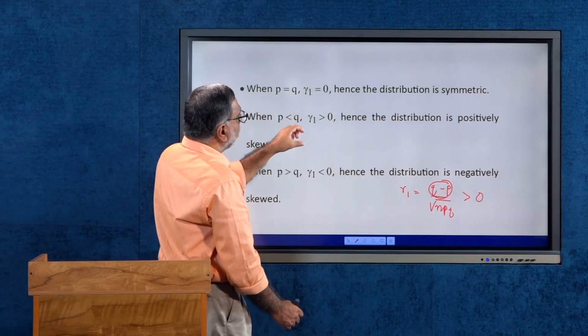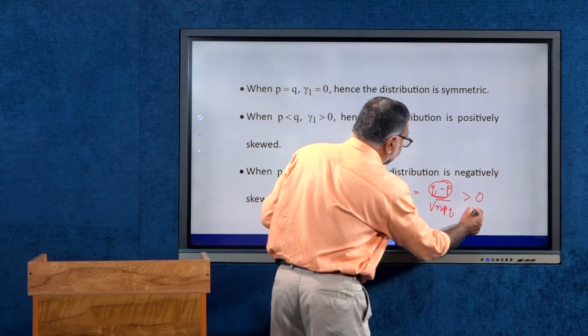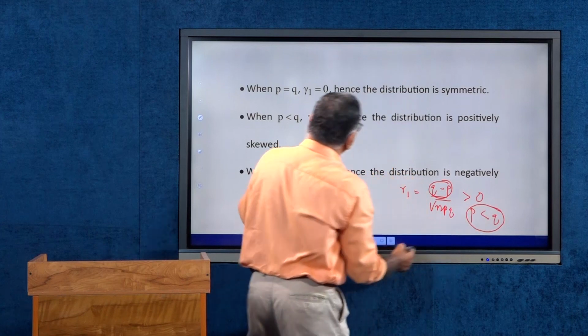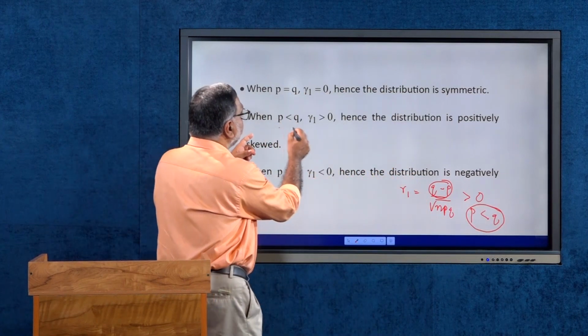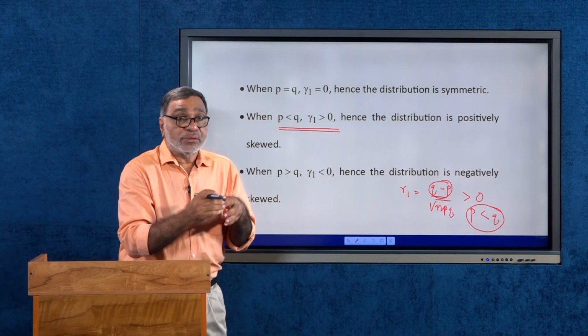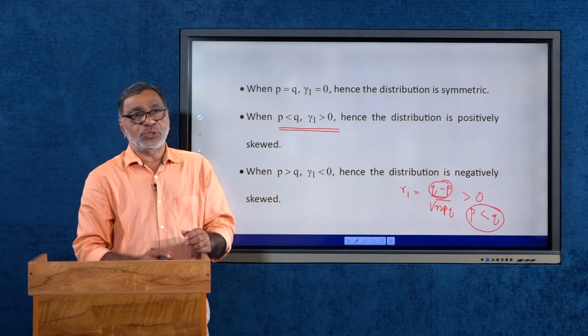So, when q minus p is positive, that is p is less than q, gamma 1 is positive. And hence, when gamma 1 is positive, the distribution is positively skewed.